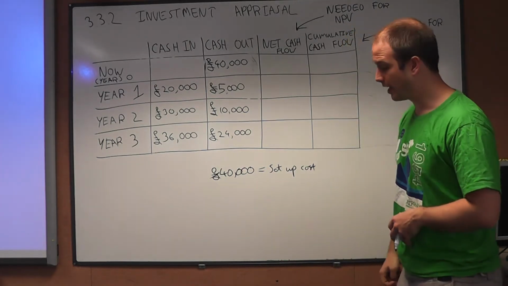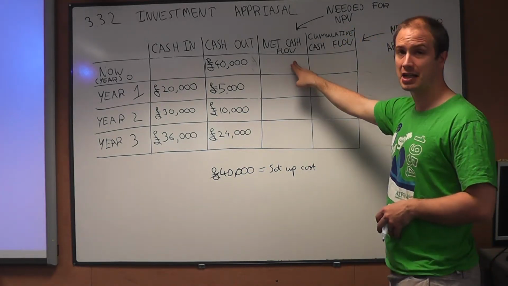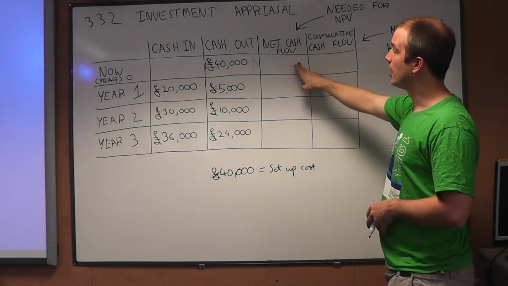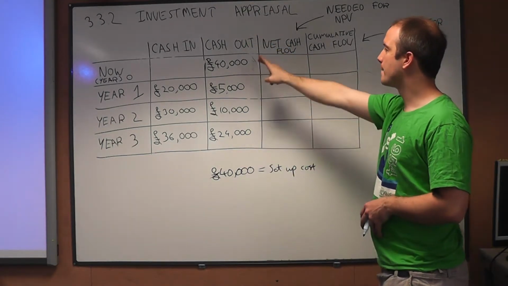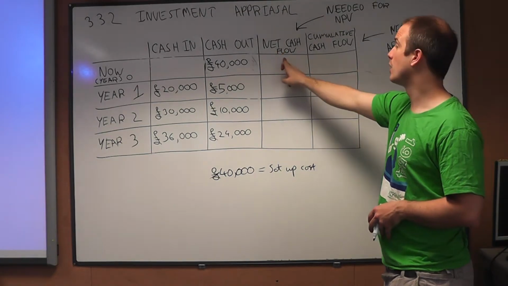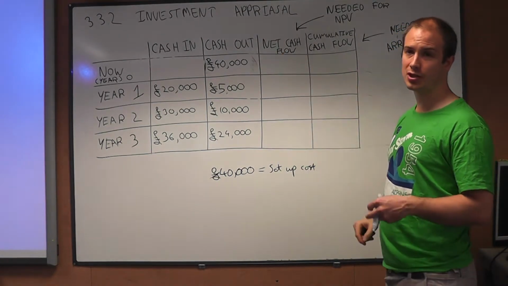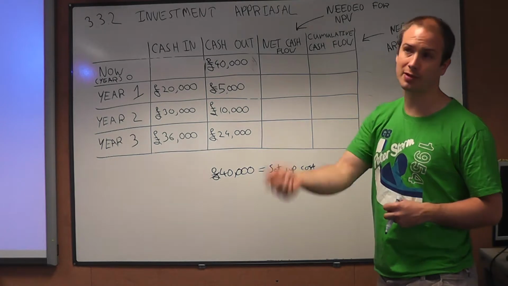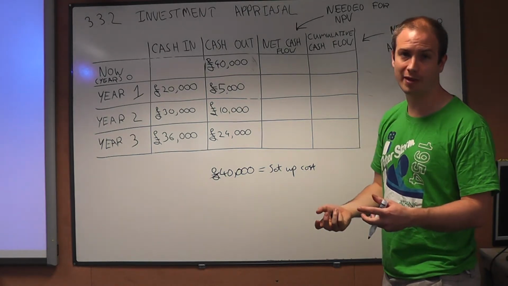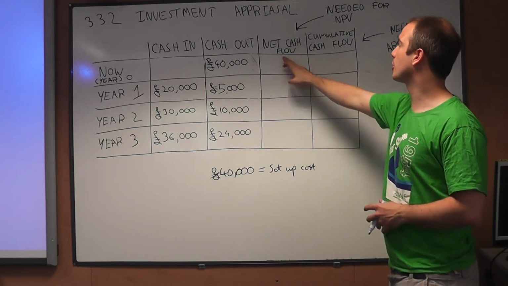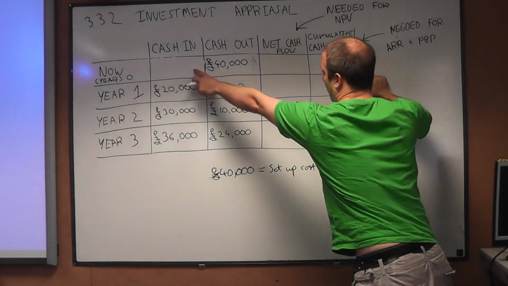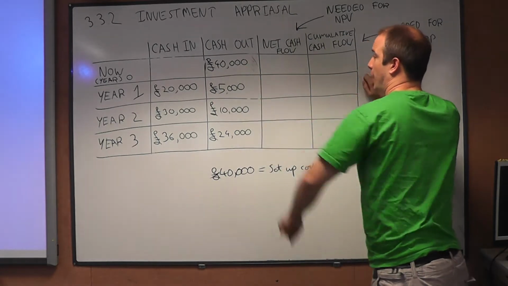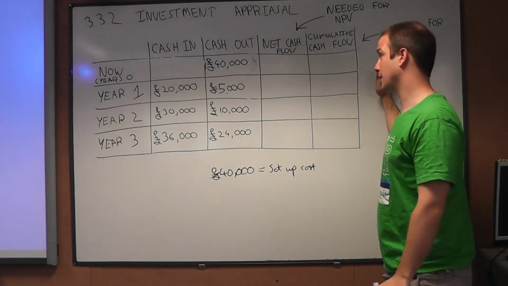And then, following that, we have the net cash flow, which is basically all of the cash in for that year minus the cash out. So taking into account how much money has come in and gone out of the business as a result of that investment for that year, how much money has been made. For the first year, we've got cash in of 0. We've got a cash out of £40,000.